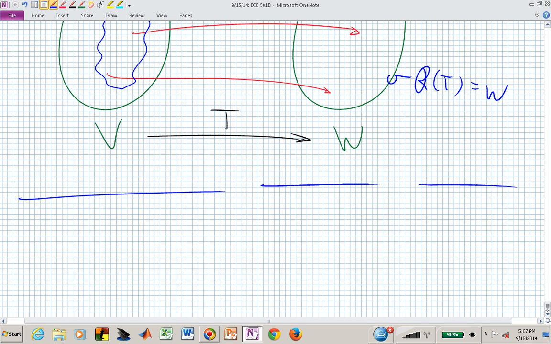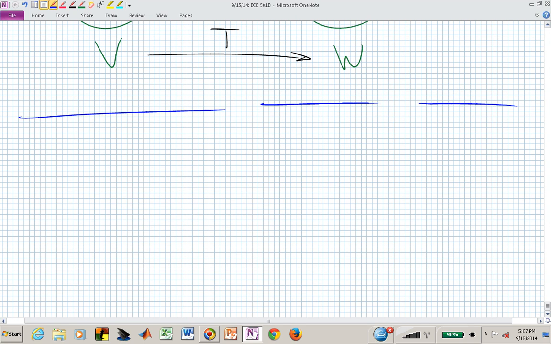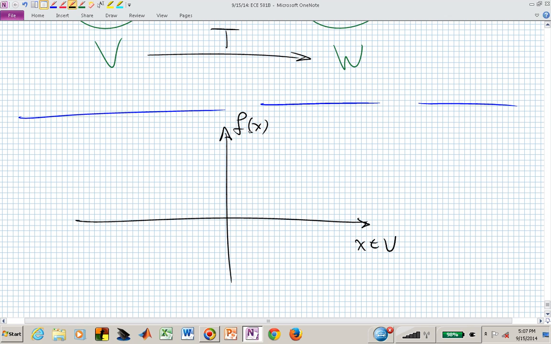Let me sketch a relationship, and you tell me what properties it may or may not have. Suppose this is x, and this represents f of x. Hopefully you get the idea.